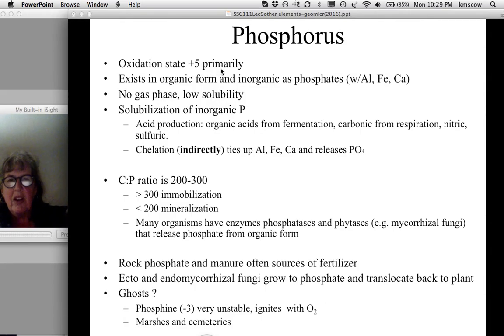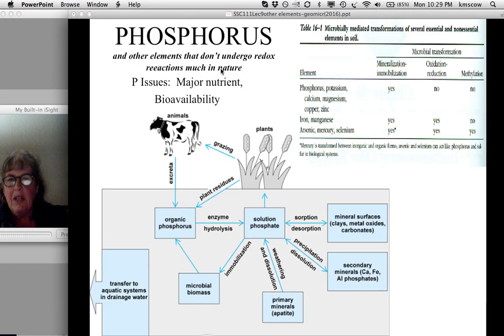Under rare conditions it will be converted to another oxidation state, but it mainly hangs out as just +5. And so the big issues of phosphorus are it's a major nutrient after nitrogen. It's next in terms of organisms needing it. And it also has huge issues of bioavailability. Phosphorus is not easily available in soil.